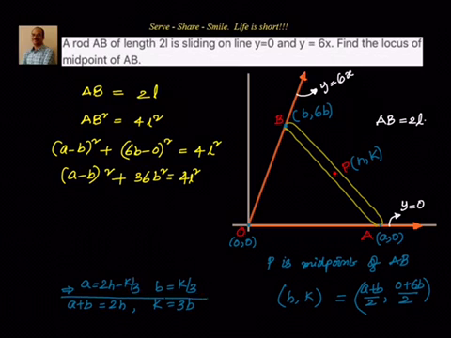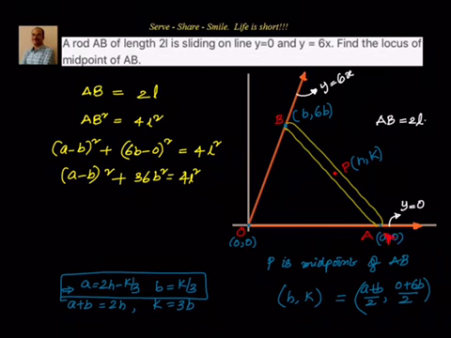Now we are going to use this in our condition, a minus b whole square plus 36b square equal to 4L square. What we have done: we know P is the midpoint of AB, with A as a comma 0 and B as b comma 6b. The midpoint formula gives a plus b by 2 comma 3b, which should equal h comma k.